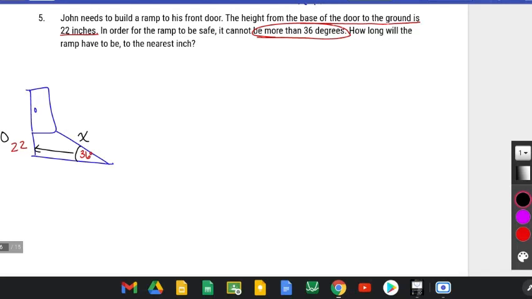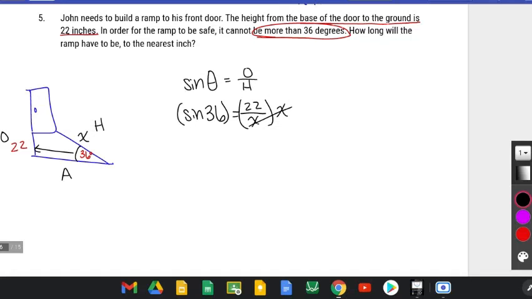So I'm going to label O, H, and A. In this case, I'm going to use sine. The sine of 36 is equal to the opposite over the hypotenuse. Again, I'm just going to multiply that by the denominator.